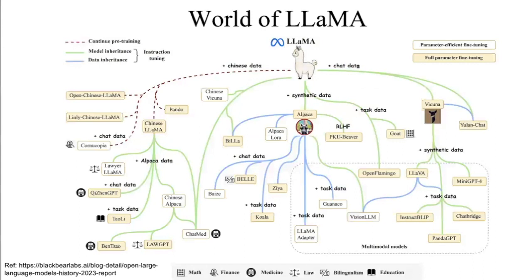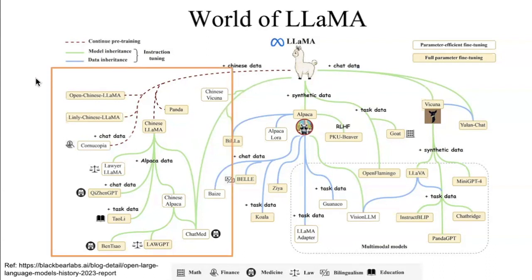This is the family tree of LLaMA, and I believe it is continuously growing bigger and bigger. LLaMA has three major branches, based on what data it is trained on, how the model is trained, and for what applications.